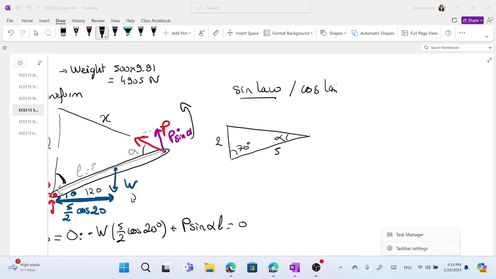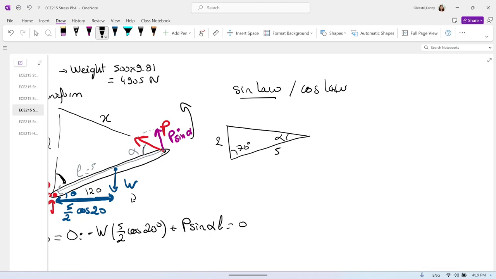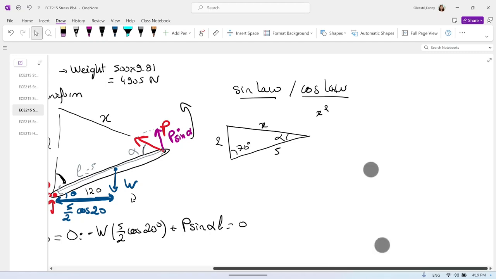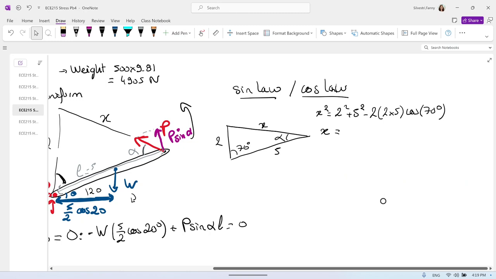I know that will take some time. So let's find x. Cosine law first. We have x squared equals 2 squared plus 5 squared minus 2 times 2 times 5 times cosine 70. Don't forget the square. When you solve for that, I get 4.71 meters. So this is this one.